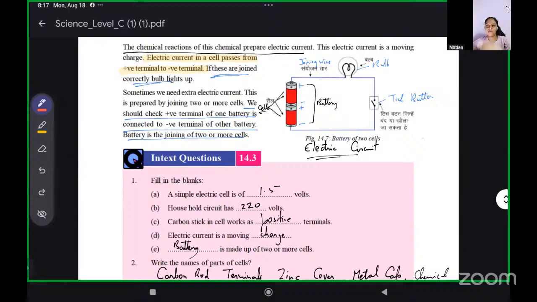When they give away electrons, they create the charge. So that is why it flows from the positive terminal to the negative terminal.